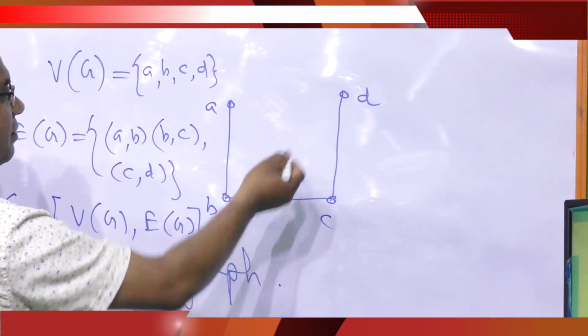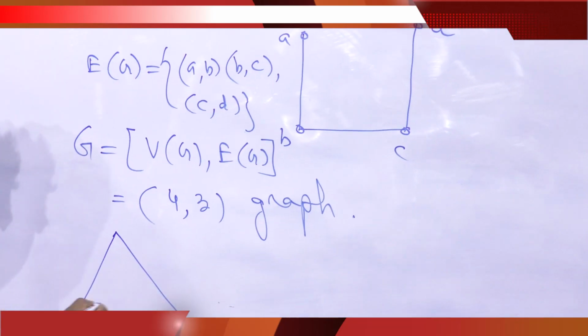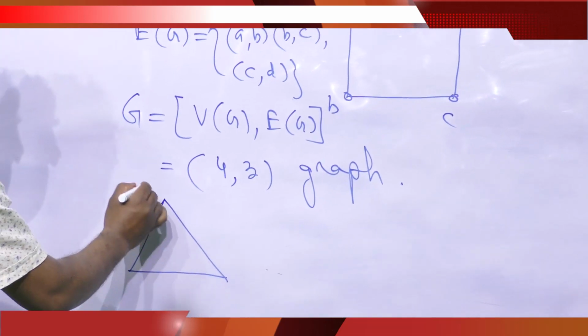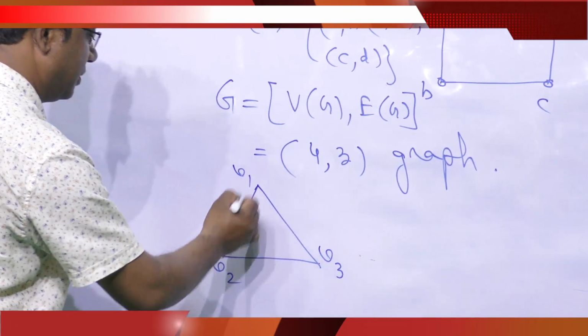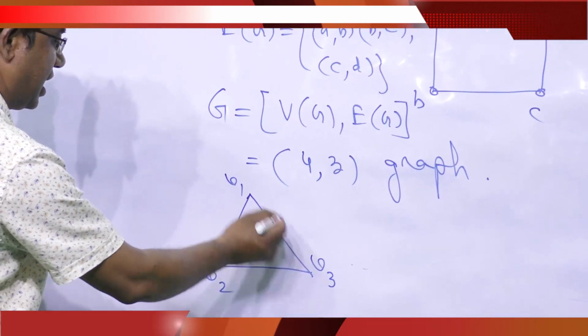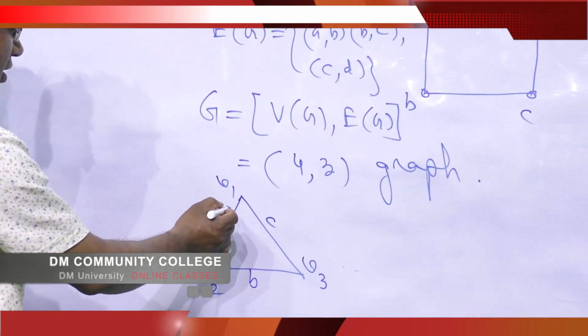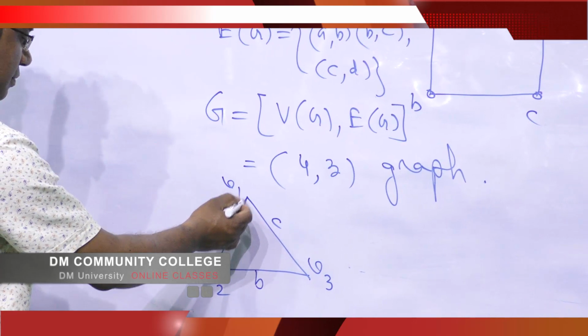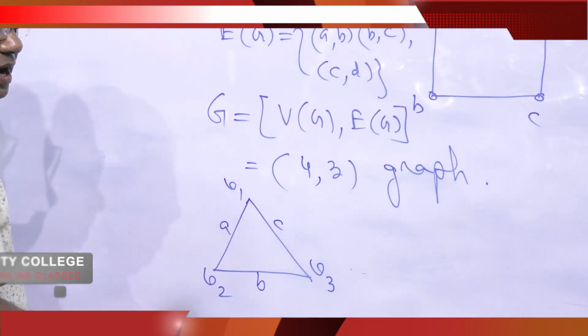So this is not a complete graph. Now this is V1, V2, V3. These are the vertices, and the edges are A, B, C, suppose. Any two vertices are adjacent. So this is a complete graph.